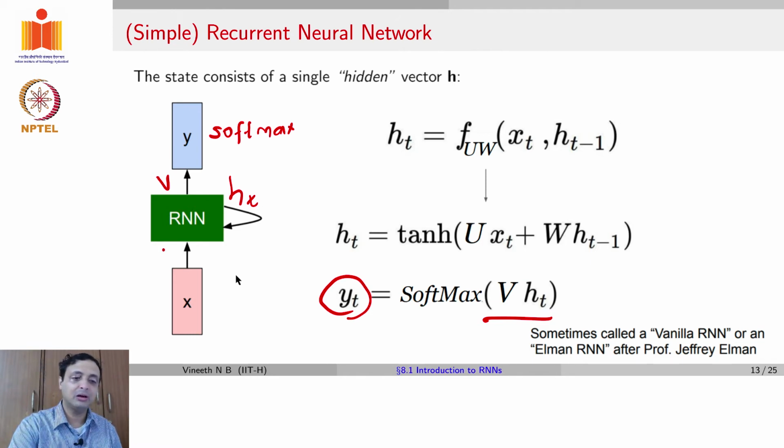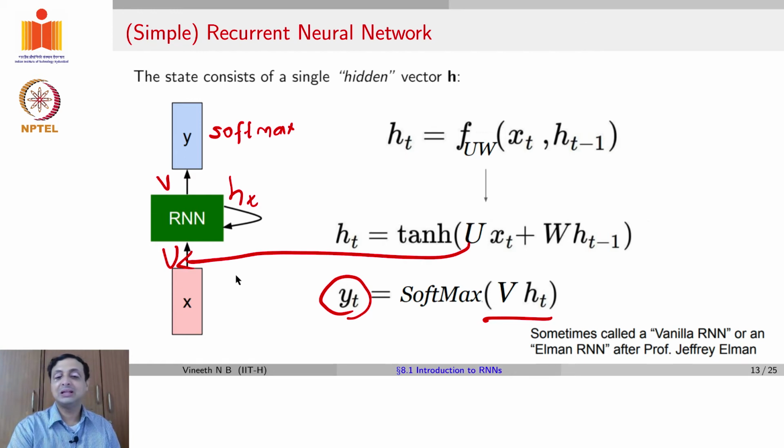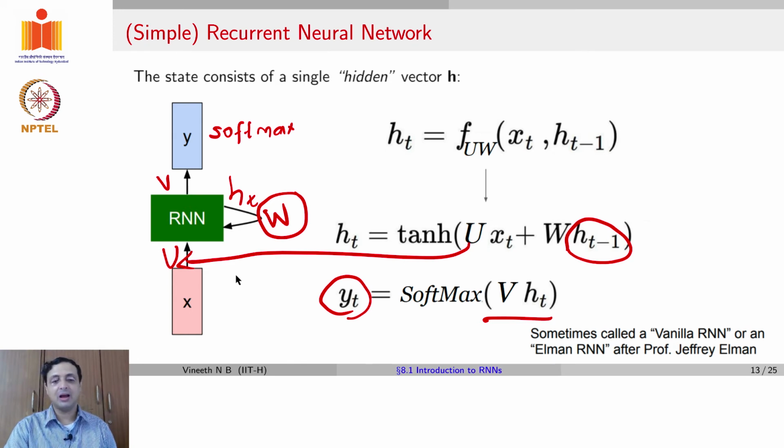And the weights going from x to the RNN would be U, and the weights that look at ht minus 1 and give ht would be W. So you can see that there are three matrices of weights. Of course, W could change based on how many layers you have inside the RNN block. Otherwise, you have three sets of weights here that operate on input, hidden state, and hidden state to output. This is sometimes also called an Elman RNN, after Professor Jeffrey Elman, who was responsible for initiating these ideas.